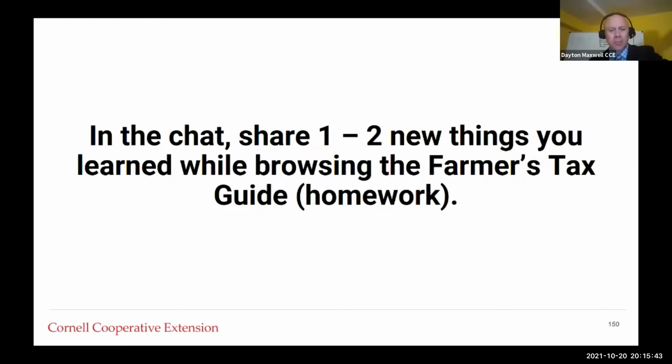So because you're self-employed, the farmer pays. Normally if you get a wage income, like on my paycheck with Cooperative Extension, the employee pays half of Social Security and Medicare, which is 7.65%, and then the employer pays half, which is 7.65%.